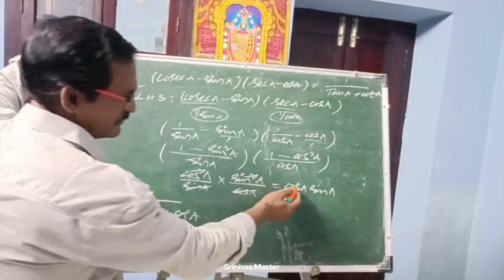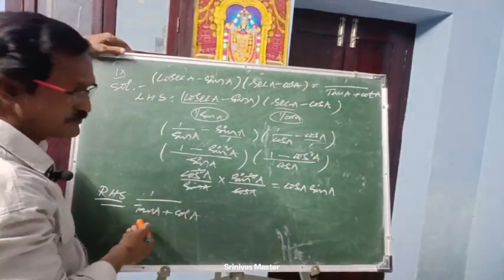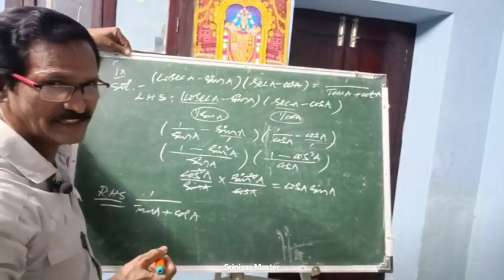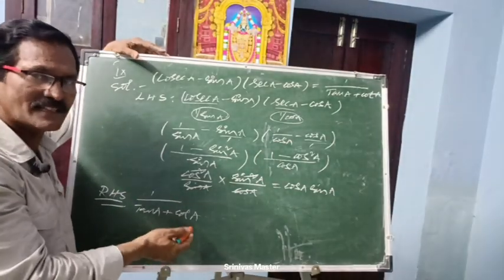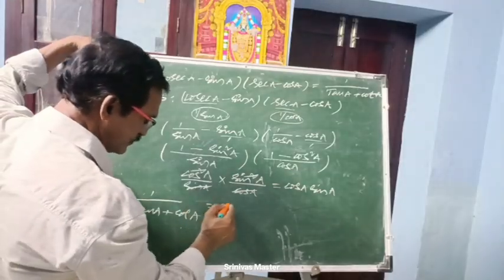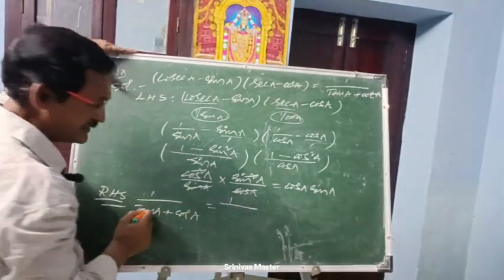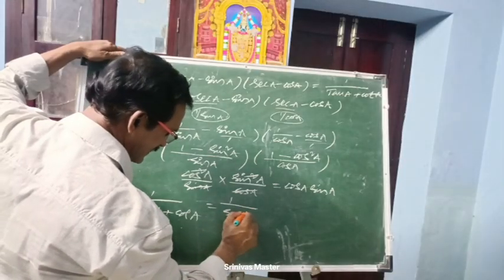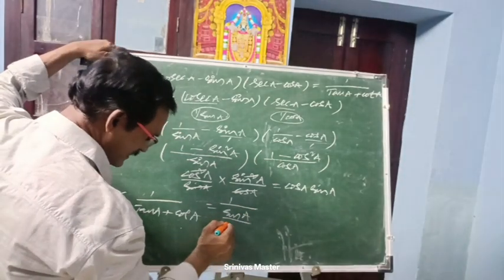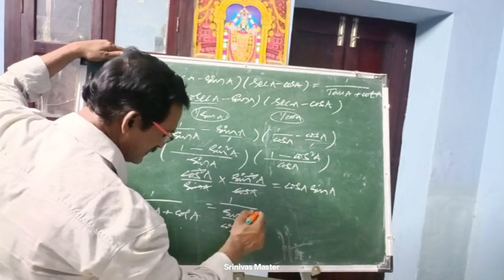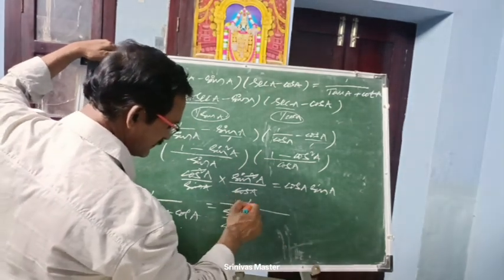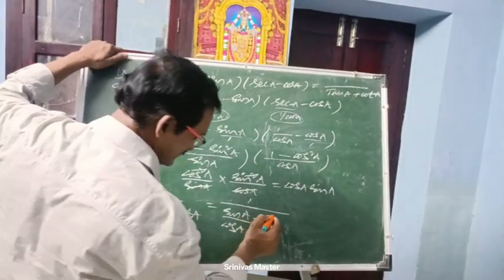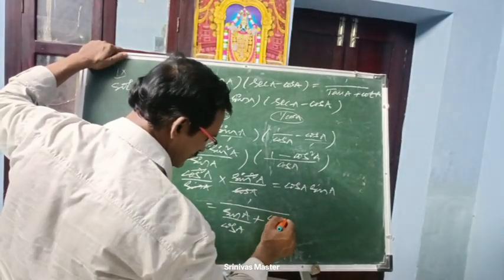Now we want it in terms of cos and sin generally. That means you know that tan can be written as the ratio of sin and cos. Tan A is equal to sin A by cos A, and cot A means cos A by sin A. So we have to replace both. So 1 by, in tan A's place, you have to write sin A by cos A, plus in cot A's place cos A by sin A. Tan's reciprocal, no?